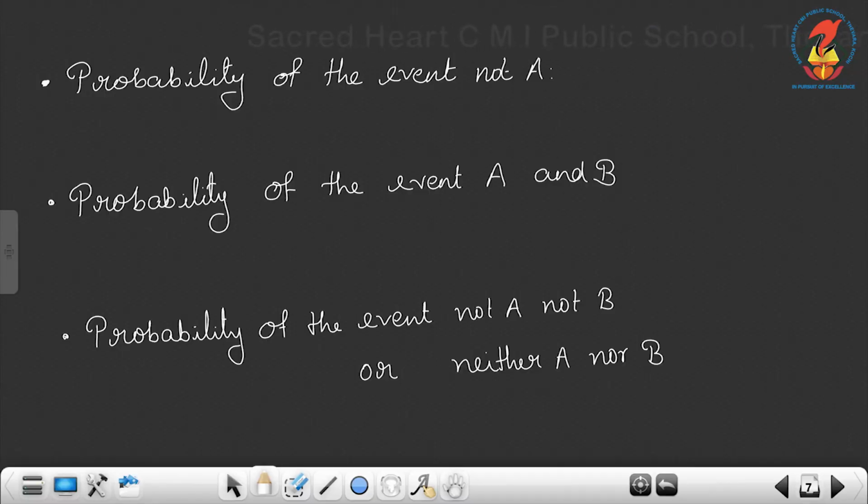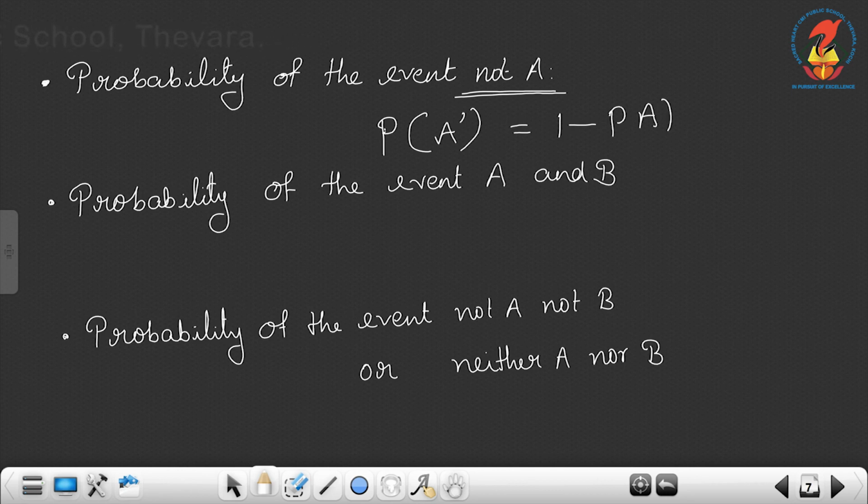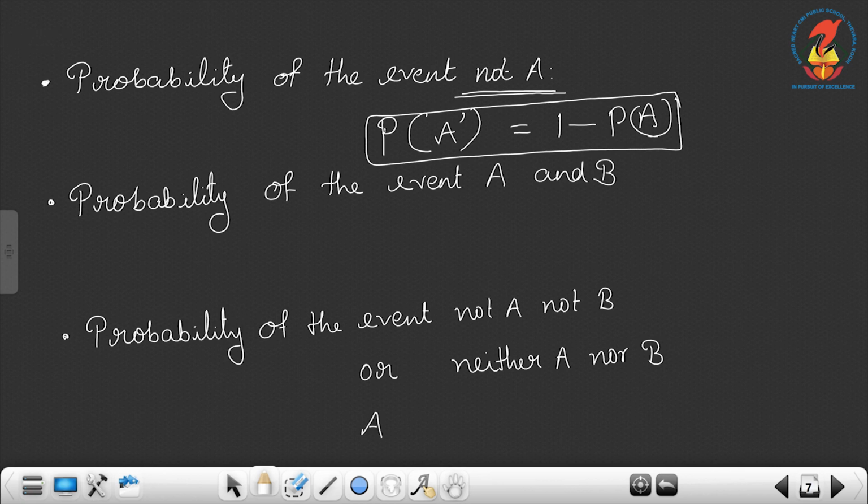Now, the probability of the event not A. Not A is denoted as A dash, or A complement. So, P of A complement is 1 minus P of A. The proof is like this. If A is the event, then A complement is its complement, all the elements other than those in A. So, their union must be equal to S, the sample space.